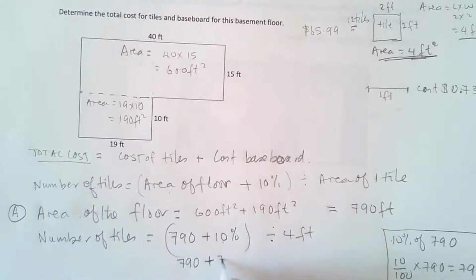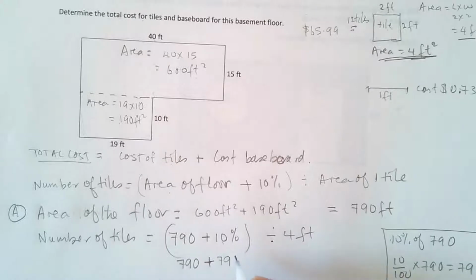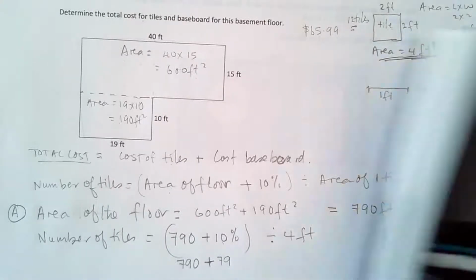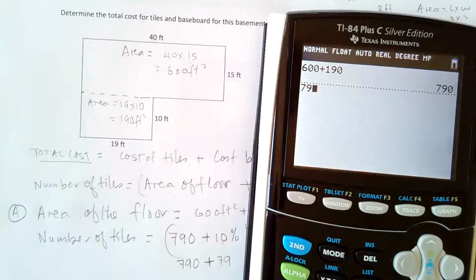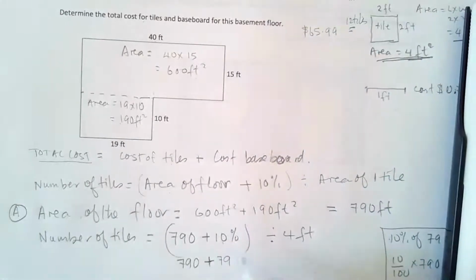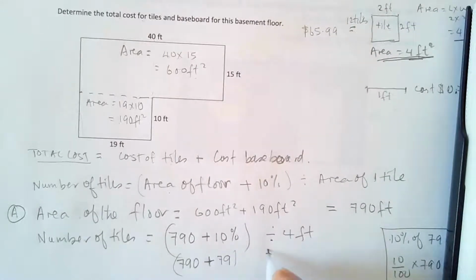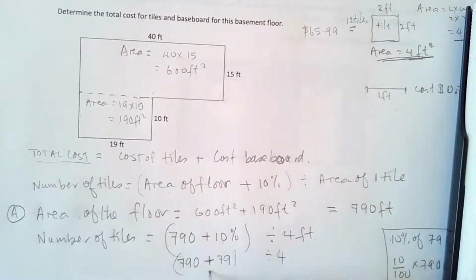Plus 790, 79, what would that be? 790 plus 79, 869. So 869 divided by 4.